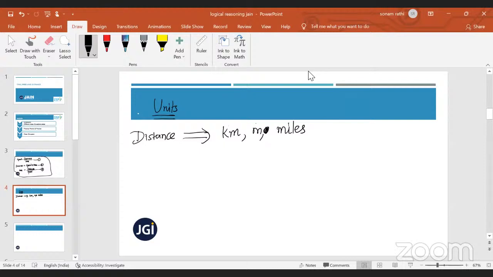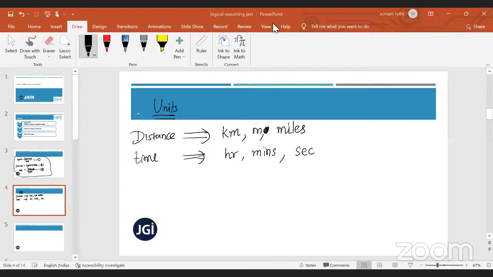What are the units for time? Time can be calculated in hours, minutes, and seconds.